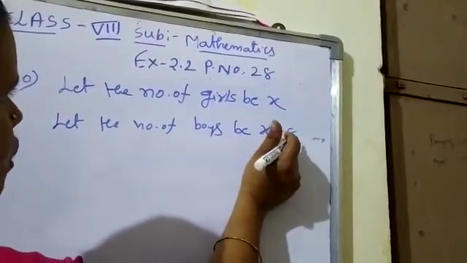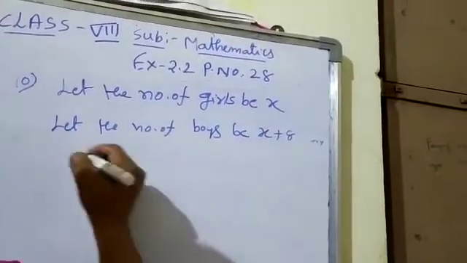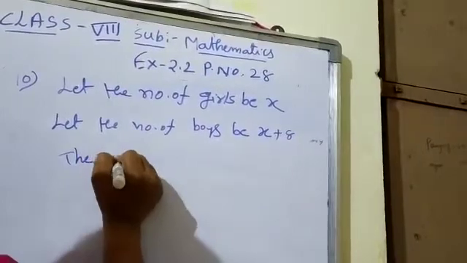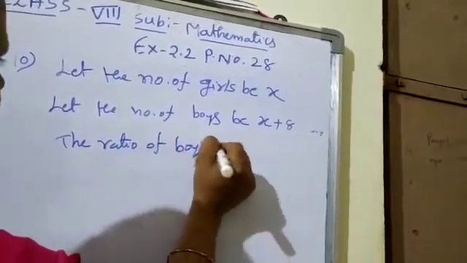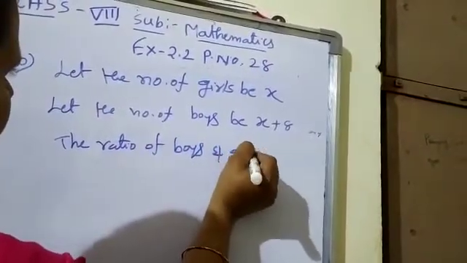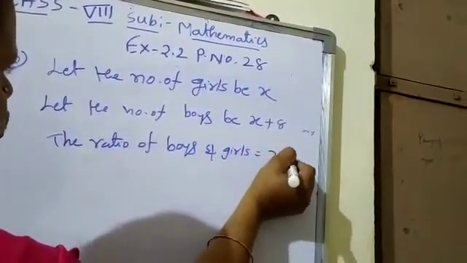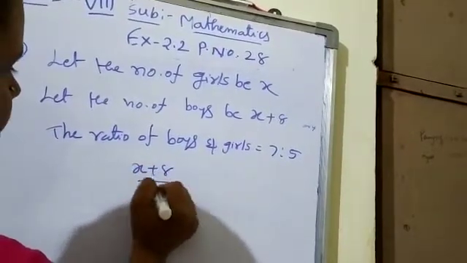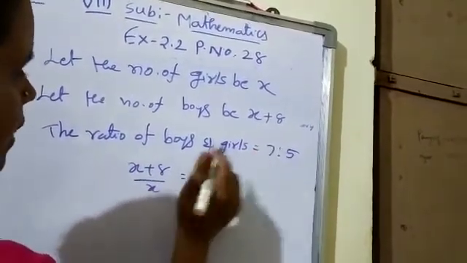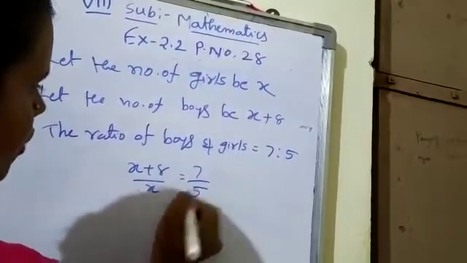More means addition. So x plus 8. The ratio of boys and girls is equal to 7:5. So x plus 8 by x is equal to, ratio means division, children, 7 by 5.